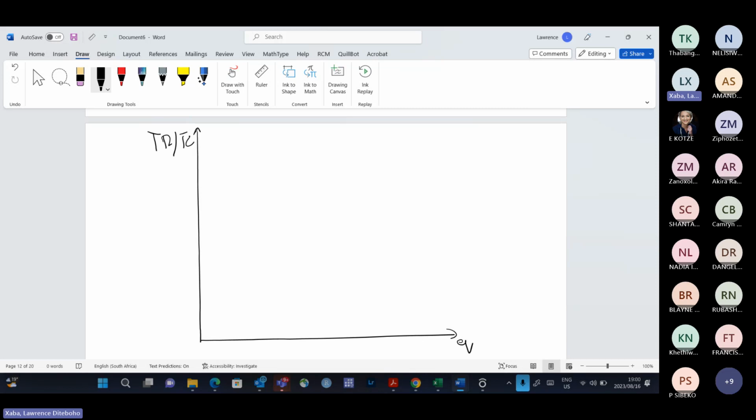Let's start with the graph of TR. TR is equal to negative 0.2 Q squared plus 13Q.